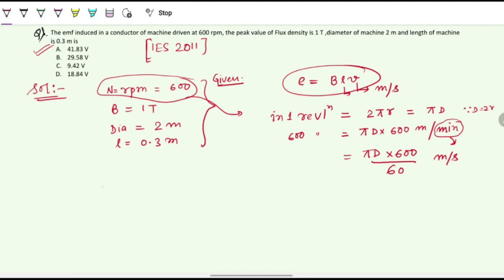Now from the equation, E is equal to B multiplied by L multiplied by V. The value of B is 1, the value of length is given as 0.3, and we will put the value of V as pi D multiplied by 600 upon 60.